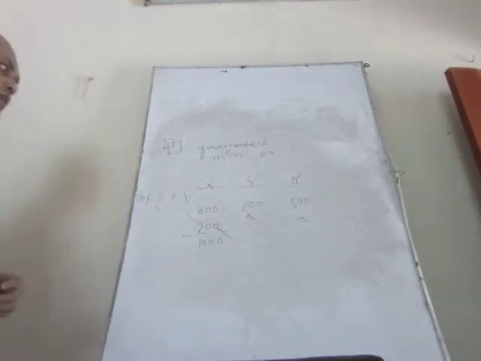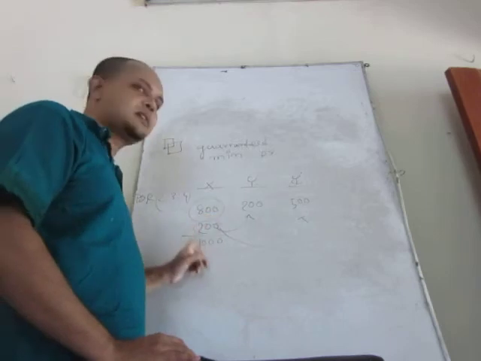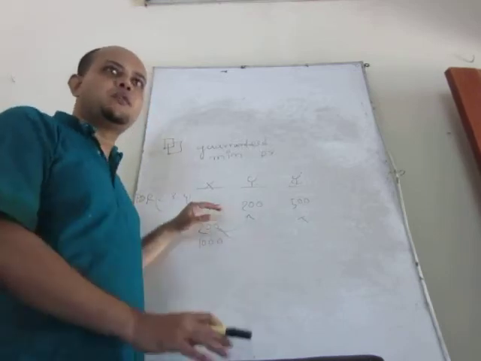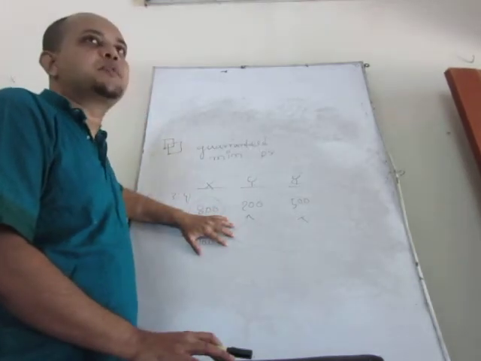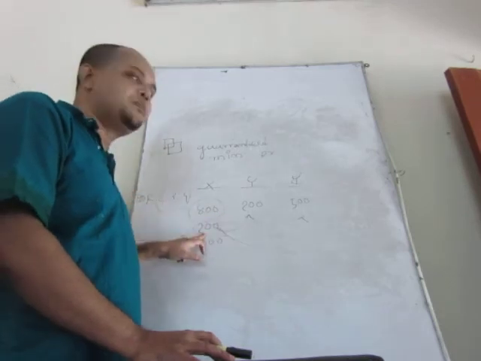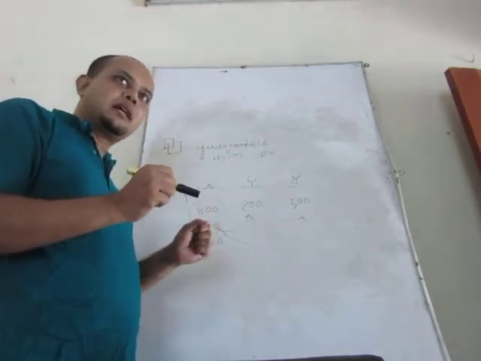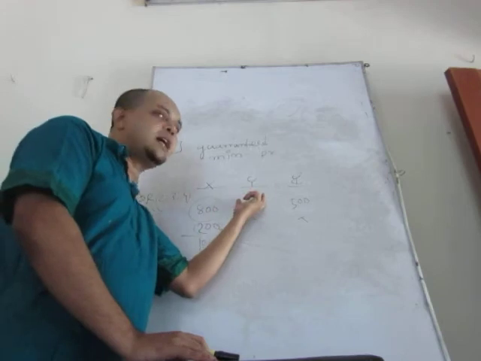Clear? Now the thing is, X should be provided at least 1,000. But in the normal way we have calculated, X is provided 800. So this 200 should be collected from Y and Z.